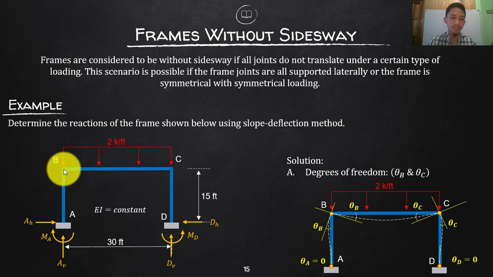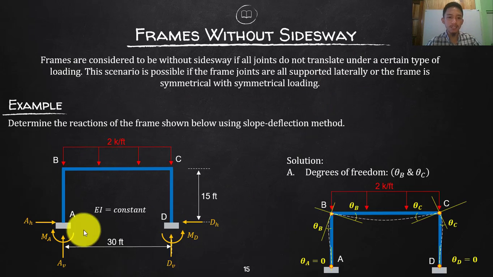Let's say again there is another support here to resist the movement or translation horizontally in the top part of the frame, then even if you will try to load this one in any direction, that will never translate. Any joints of this will never translate. It means that is supported laterally.